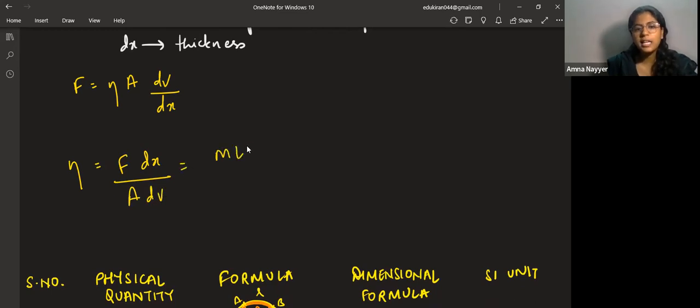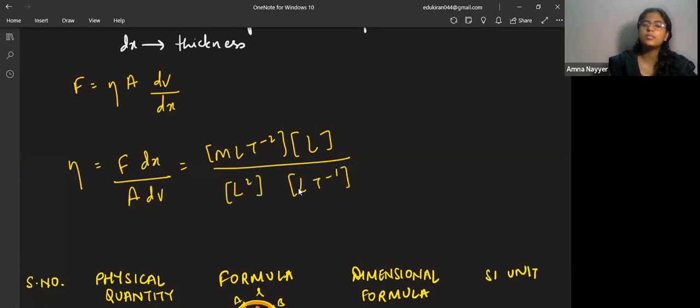Now force again is MLT to the power minus 2. I think by practicing only you will remember all of these. Dx is length, area is L square, and velocity is LT to the power minus 1, right? So this length will get cancelled. This length and this length, one more length will get cancelled. So what all things are left? From here, mass is left.